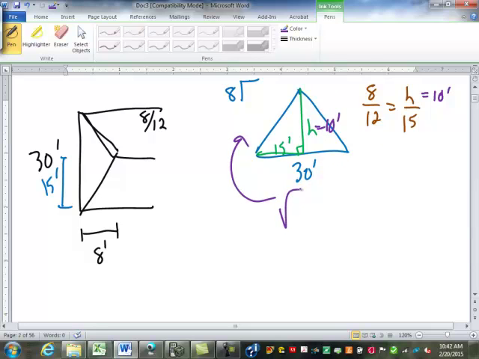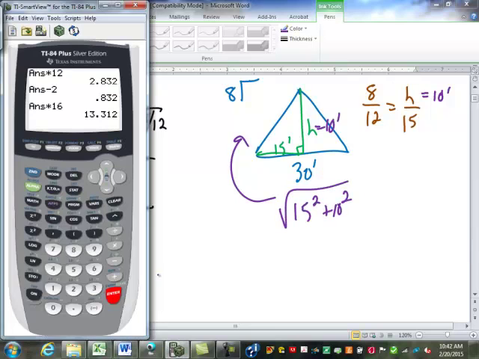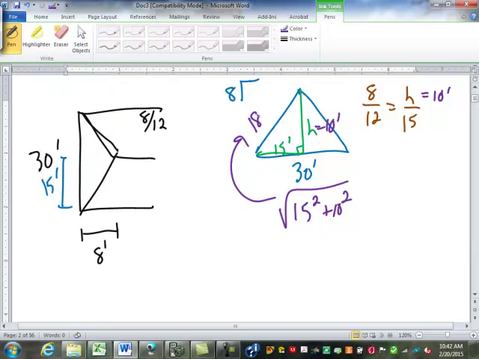So this is the square root of 15 squared plus 10 squared. Square root of 325 is 18.028. Look good so far? Okay.